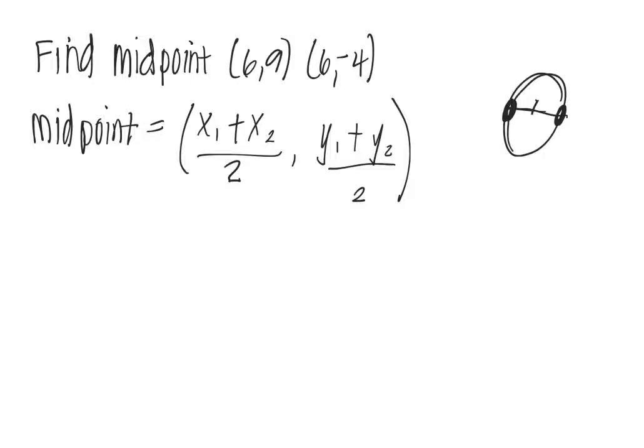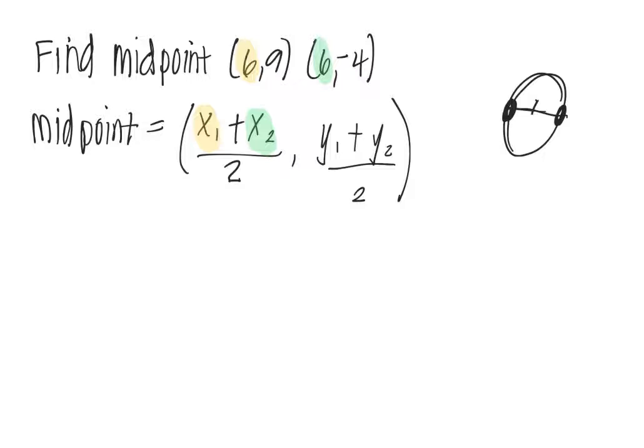So what you're doing is you're plugging in x sub 1 and x sub 2. So x sub 2 would be your second x. X sub 1 is your first x.